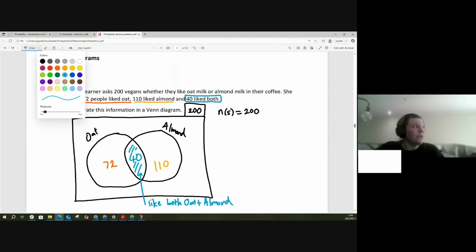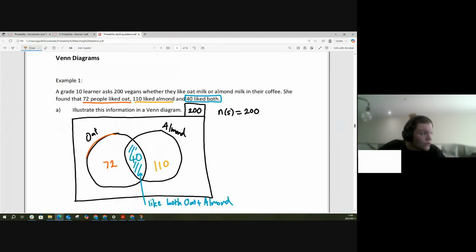Now we know that this whole circle, so everyone who likes oat milk, is 72 people. But at the moment it's 112 because we've got 72 and 40. So if we want to figure out the people who only like oat milk, we need to say 72 minus 40. And that's going to give us our nice answer here of 32. So these 32 people, they only like oat milk.